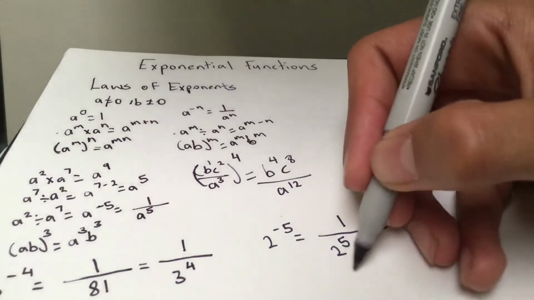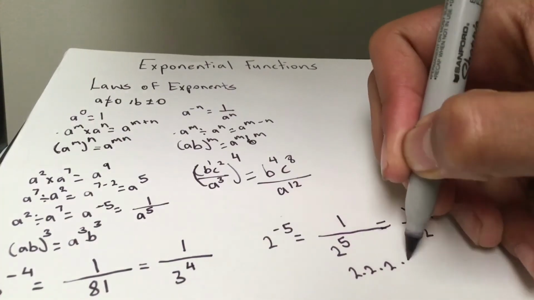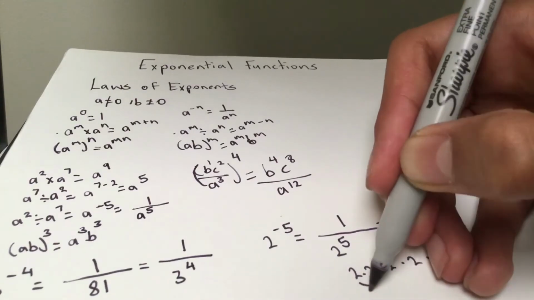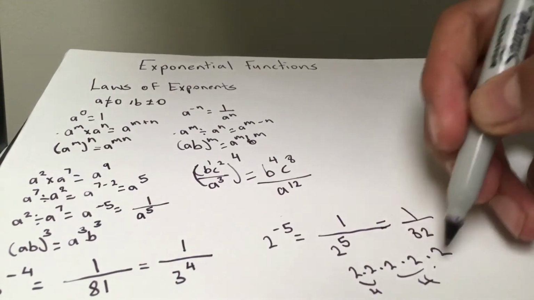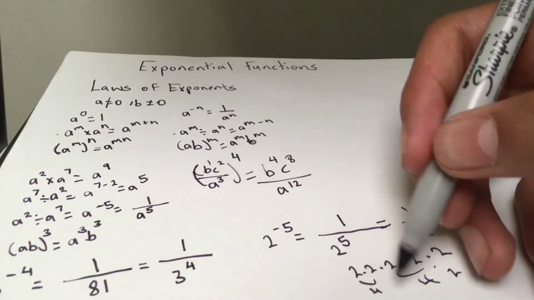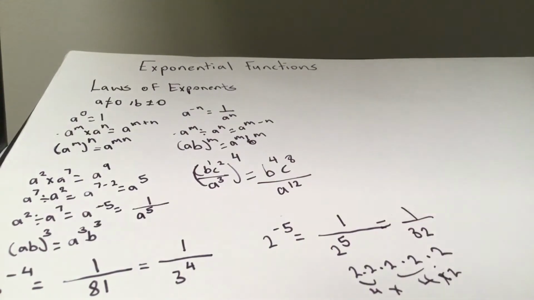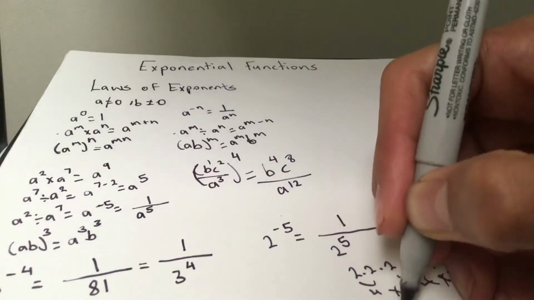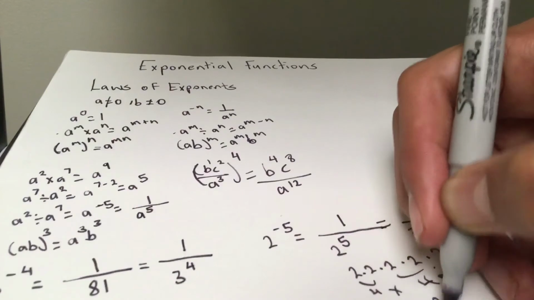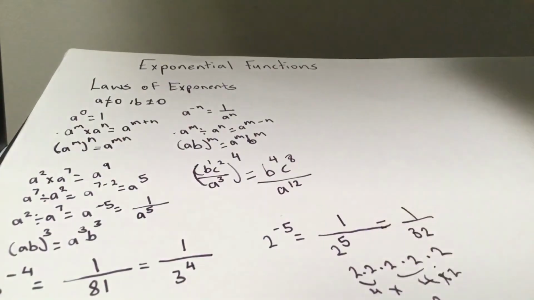So basically, you can go 2 times 2 times 2 times 2 times 2, 5 times. And this is 4, 4, and this is left with 2. You can go 4 times 4 times 2, which is 16 times 2, which is 32.